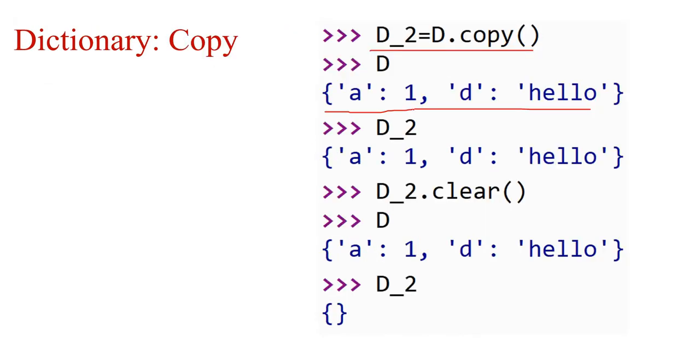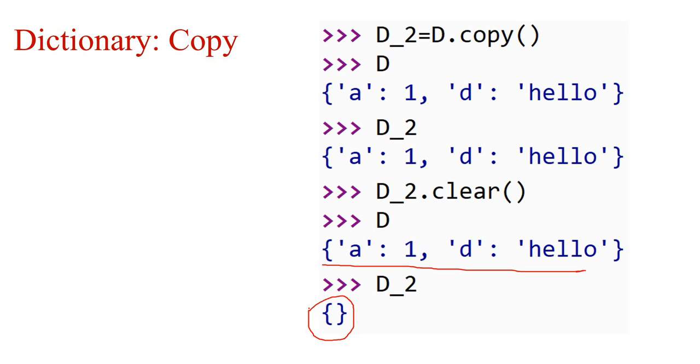So this is the dictionary we have, with two key value pairs, A and D. We created a copy of the dictionary, and if you want to get rid of all the elements of the dictionary, you can use the dot clear function or method. You can see it's an independent copy, so that does not affect the dictionary D. D is still that, and D2 has been cleared and is an empty dictionary now.